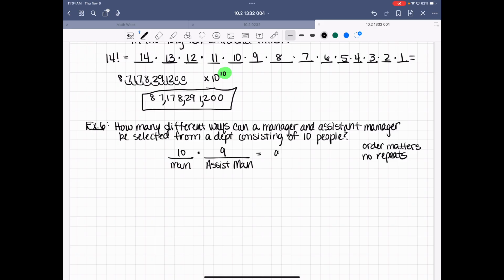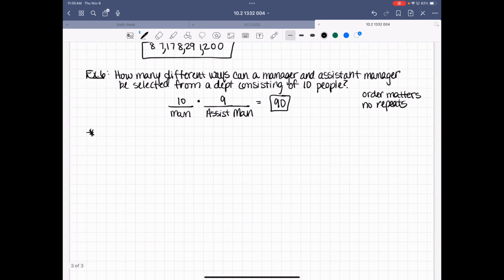So there's 90 different ways the manager and assistant manager can be chosen out of 10 people. 10 choose 2. Pay attention to that little phrase. 10 objects, you choose 2. So, let's write a definition and we get a new formula.